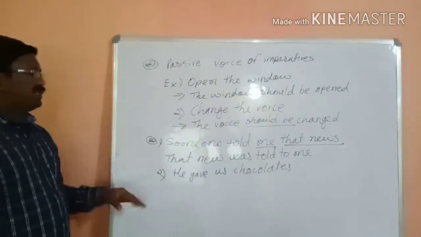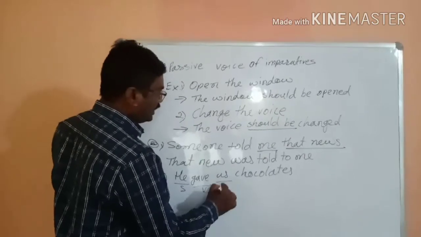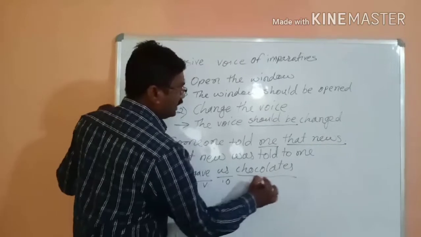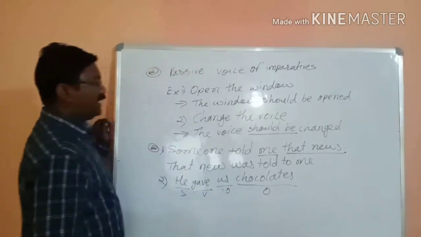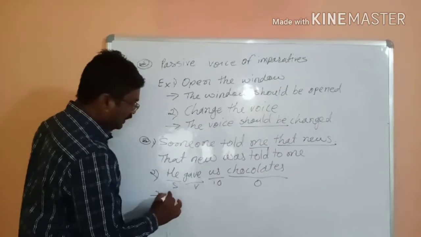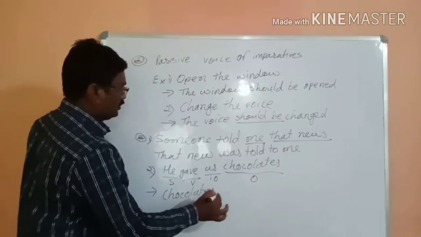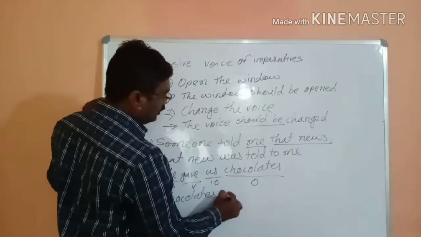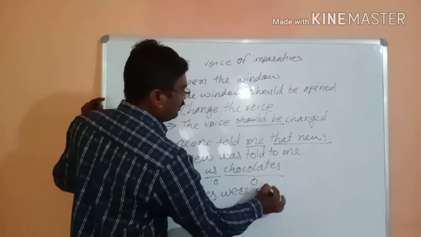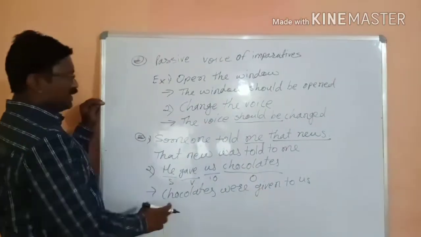He is the subject, gave is the verb, us is the indirect object, and chocolates is the direct object. You can take the direct object, chocolates. As it is plural: chocolates were given to us.